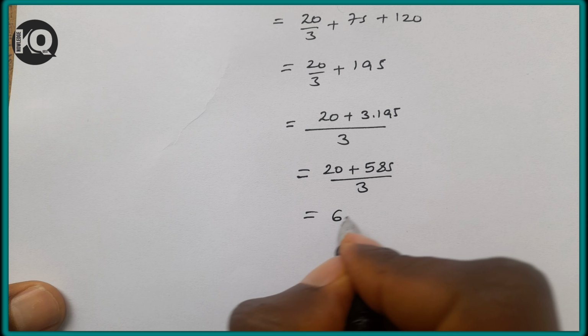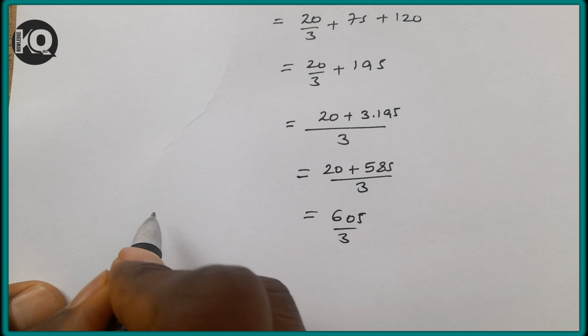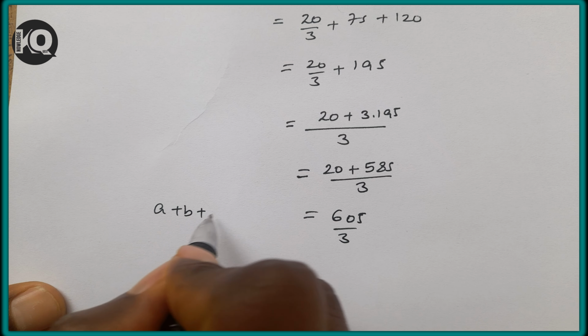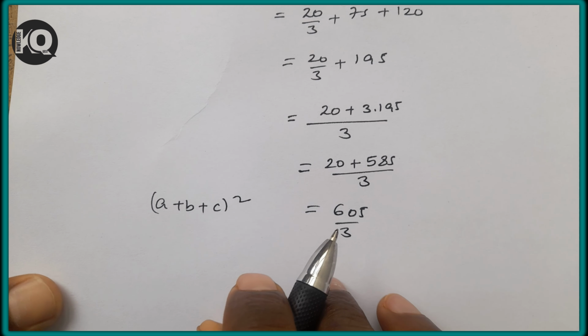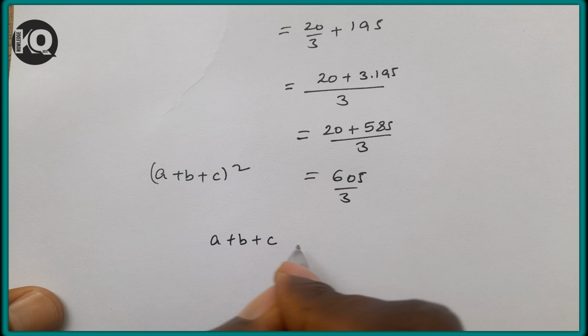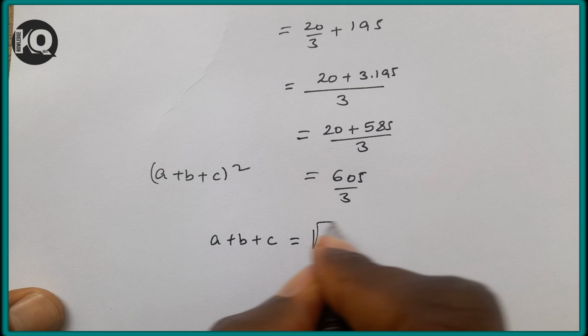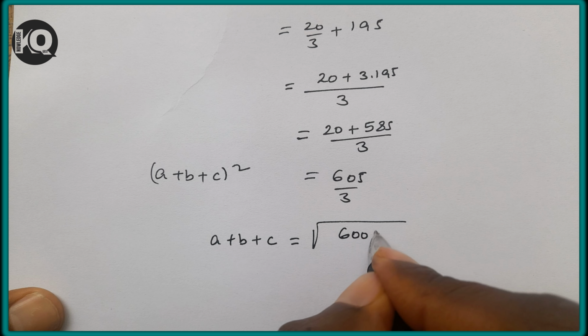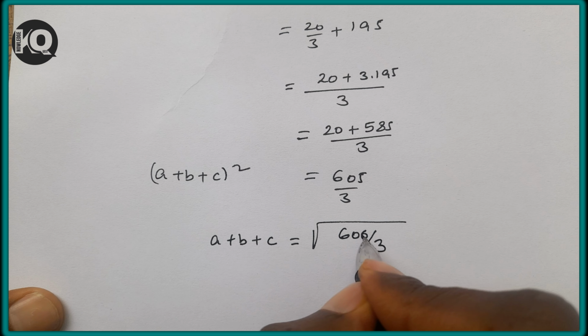So it will be 605 divided by 3, which is a plus b plus c the whole square.